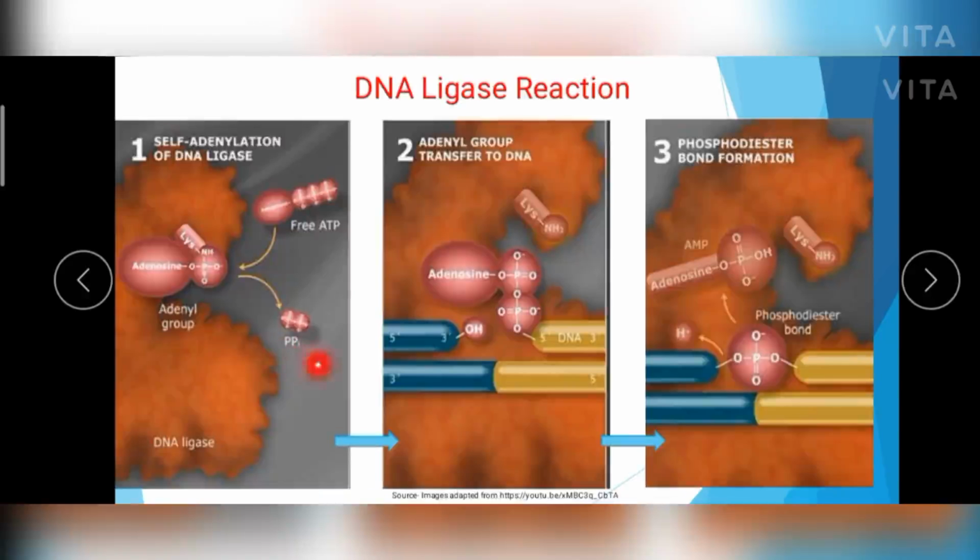The mechanism of the reaction is explained in detail in this picture.